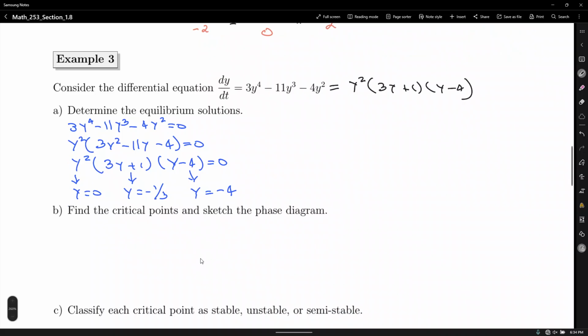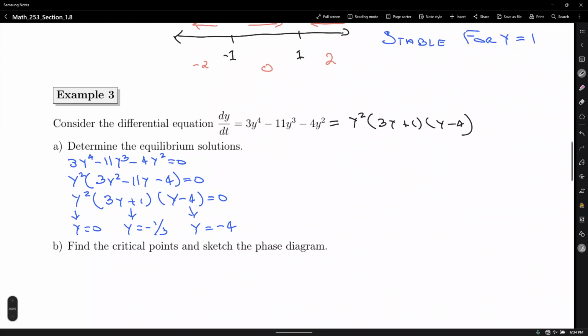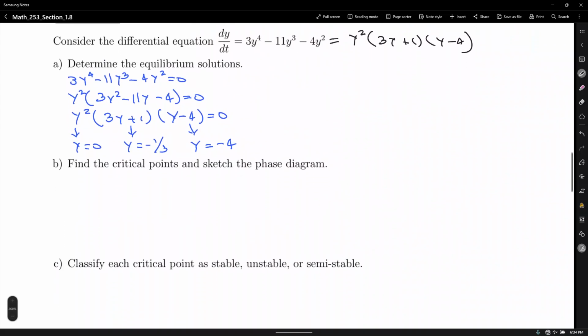Find the critical points and sketch the phase diagram. That's part B of the problem, and we're going to repeat the number line like we did in the previous example. So what do we have? Number line, critical values -1/3, 0, and 4. In this case we have 4 regions to test.